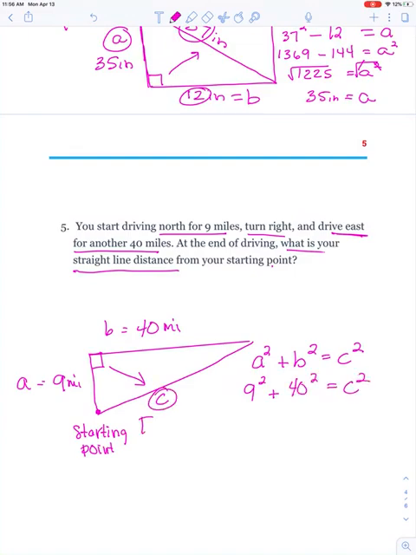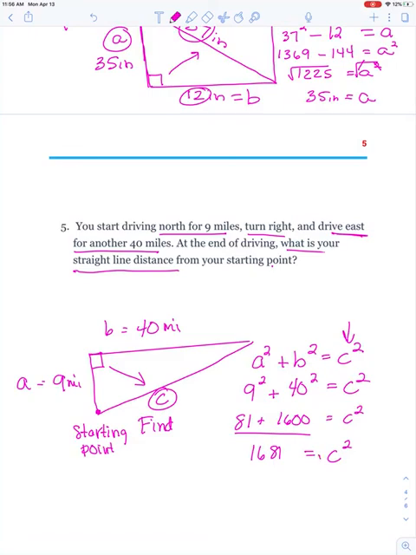Since I'm finding this, I'm going to isolate that on my equals. Okay, so 9 squared, 81. 40 squared, 1600, equals c squared. Let's add this together, and we get 1,681 equals c squared.